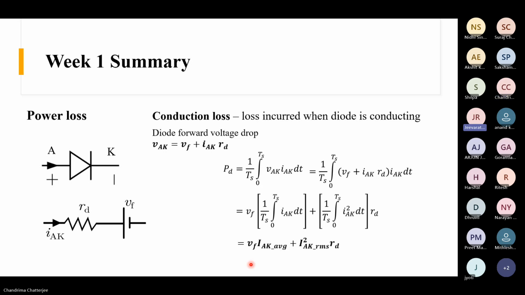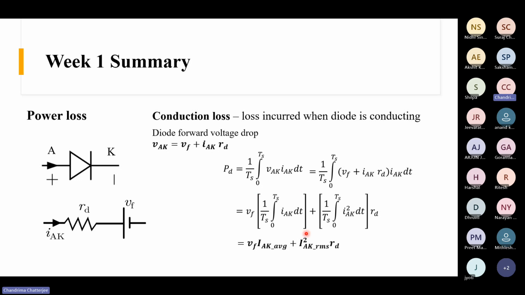Madam, why can't it be I average squared? Why is it IRMS squared? Do you know what average current and RMS current are and how we compute them?